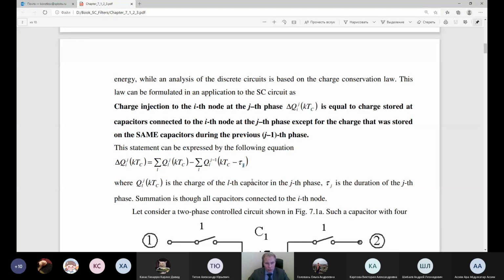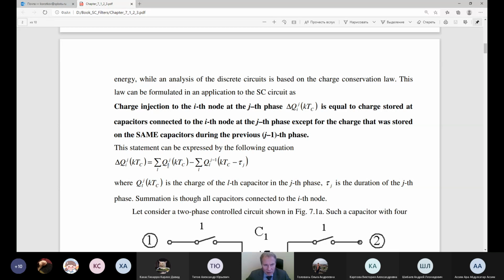So look, the change of the charge on the i-th node corresponds to the charge that was stored on the capacitors which are connected on this phase to this node.